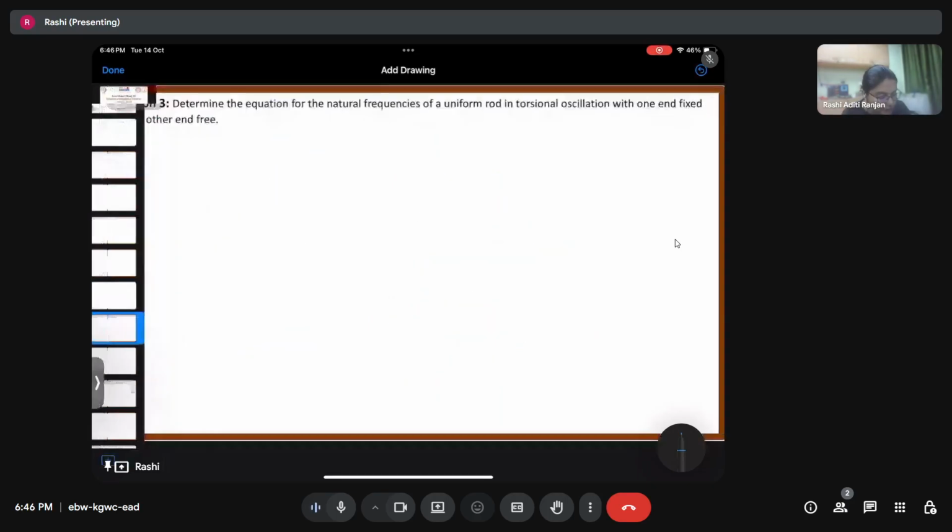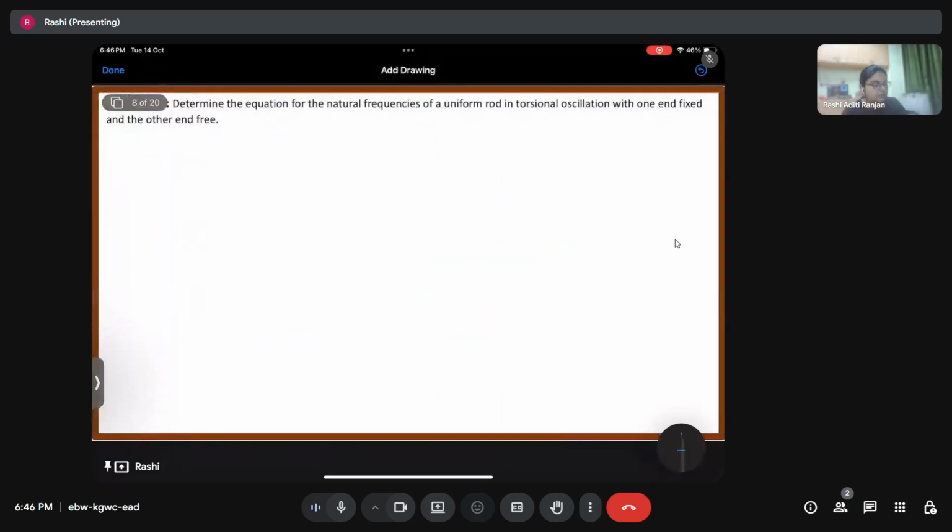Coming on to question number 3. We have to determine the equation for the natural frequency of a uniform rod in torsional oscillation with one end fixed and the other end free.